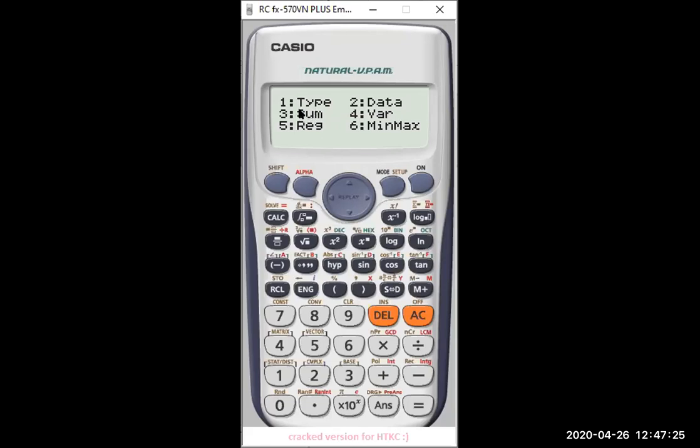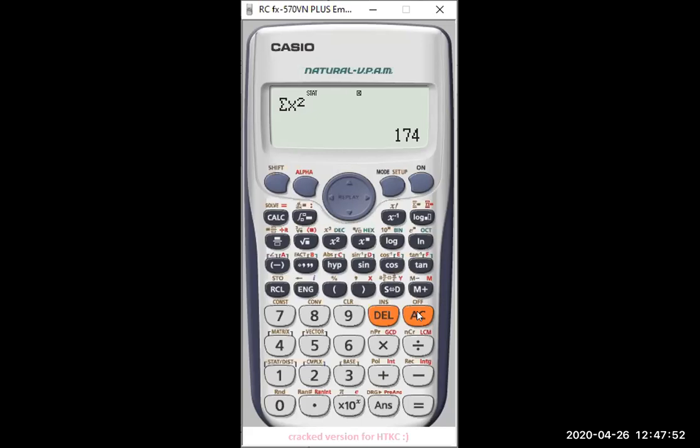All are here in 3. So I press the button 3. Here, students, you can see sum of x square is on 1. If I press 1 and then equal, we have 174. 174 is the sum of x square that we have used in the correlation table, or correlation data, sorry.